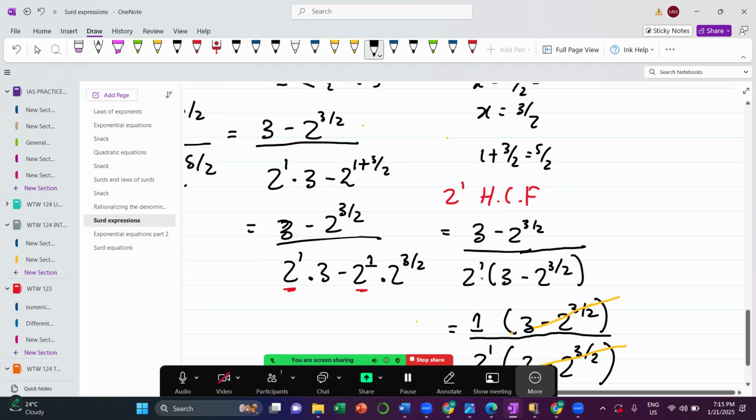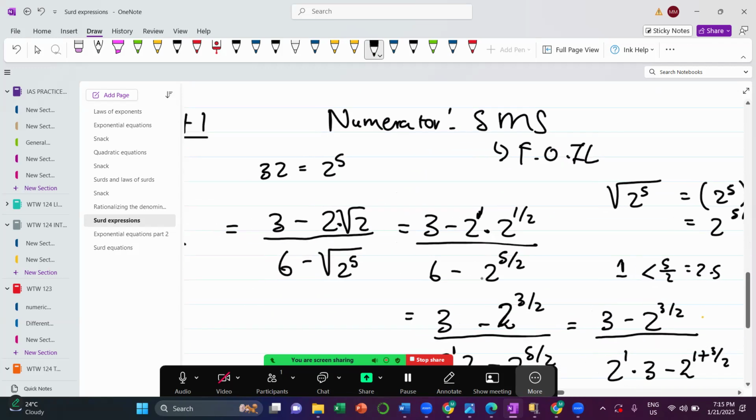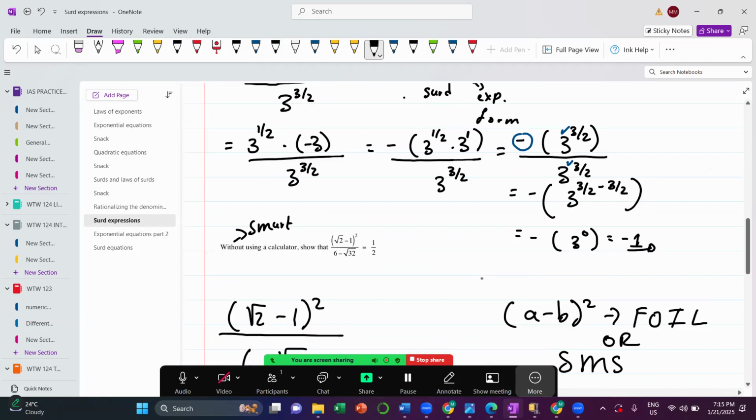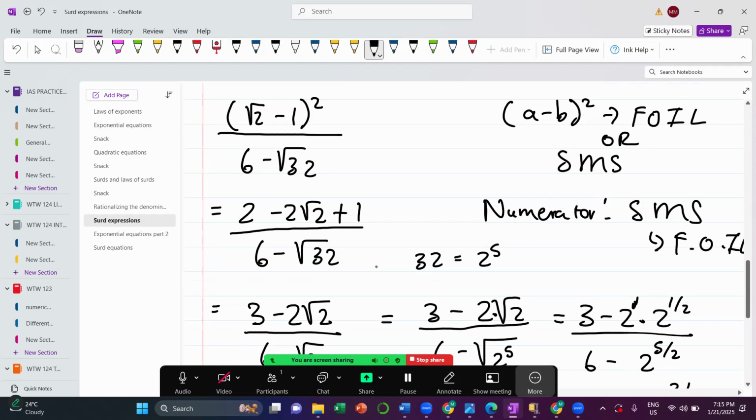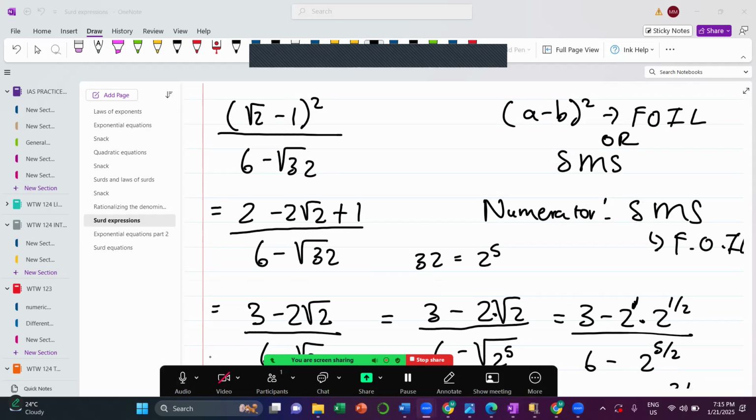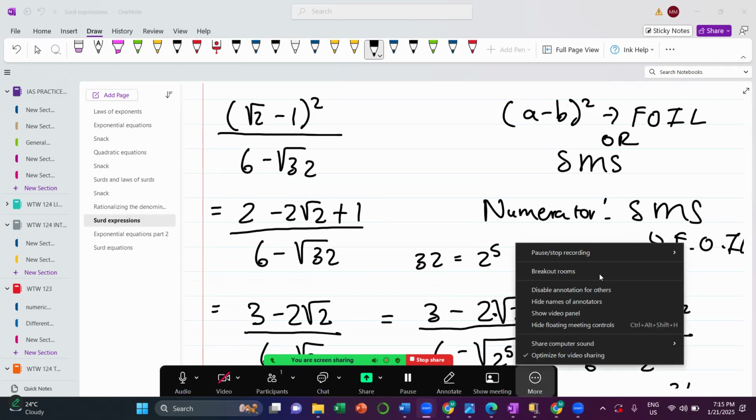And therefore now I've answered the question, since they said I must just prove that this is equal to 1 over 2. And I've shown that. So now I hope that you guys are comfortable with the whole thing, right?